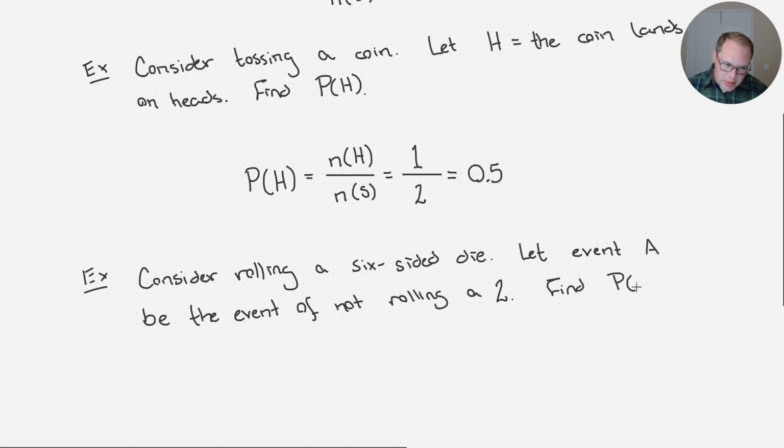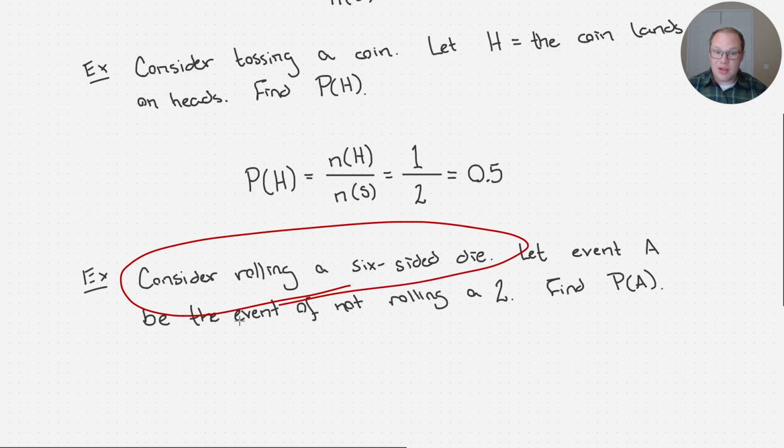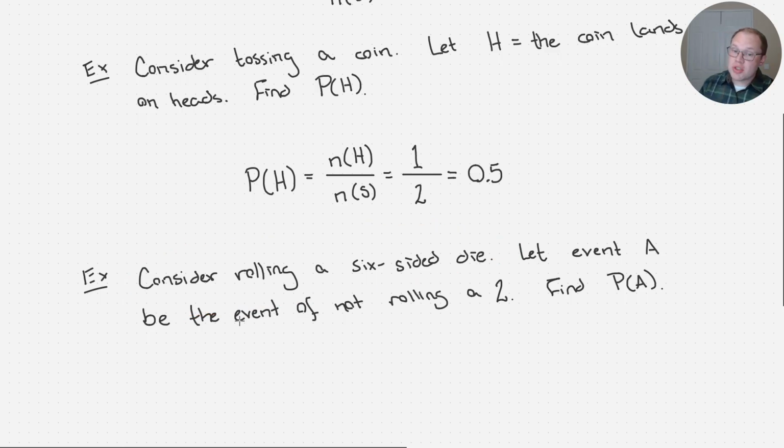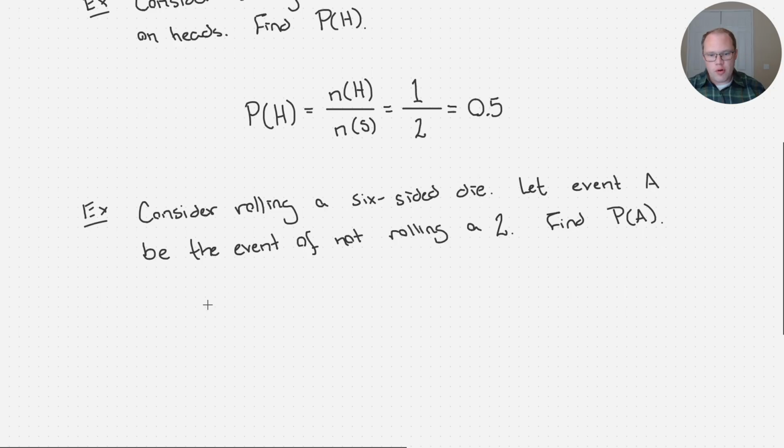Find the probability of A. So we're rolling a 6-sided die, and when we're rolling a 6-sided die, all the outcomes are equally likely. Every number has the same chance of showing up. So according to our formula, to find the probability of an event A when all the outcomes are equally likely, we count the number of outcomes in event A, the event we're interested in here, and then divide by the total number of outcomes in the sample space.